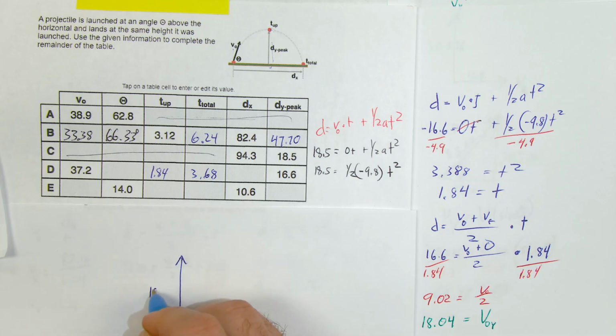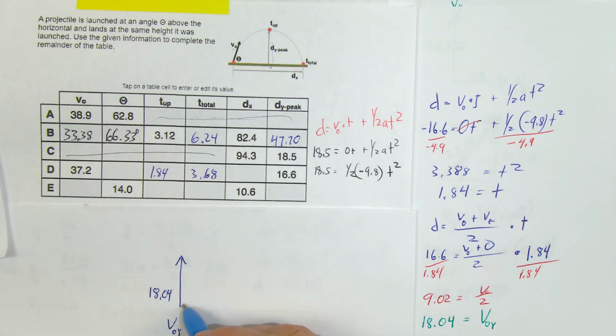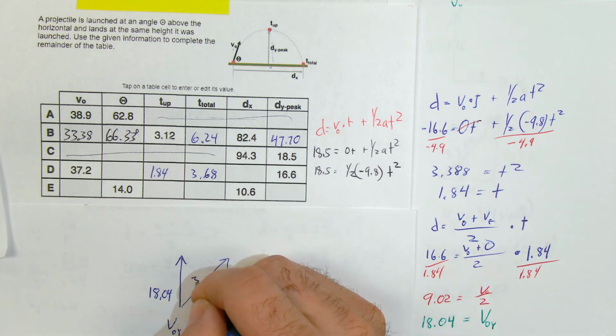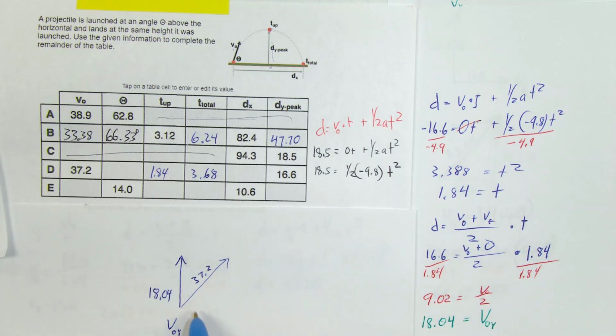of 18.04. We also know they gave us the total velocity, the resultant, if you will, of 37.2. What we can do then is solve for the velocity on the x-axis.